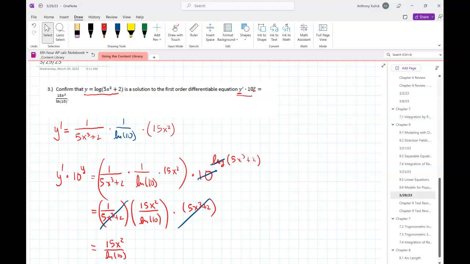Yeah, go ahead, Victoria. So for number 4 and 5, that's all you want us to do for those if those are on the test. 4 and 5 are just things you do with your eyes. So there's not much to do. You just draw your picture and then you just write down the equilibrium solutions. And for 5, equilibrium means where it goes straight. Where it's horizontal, where the derivative is horizontal.